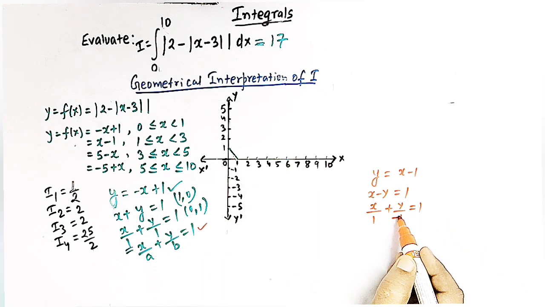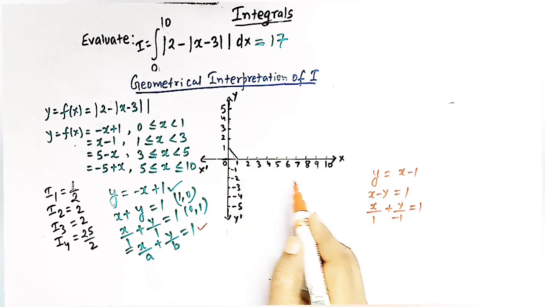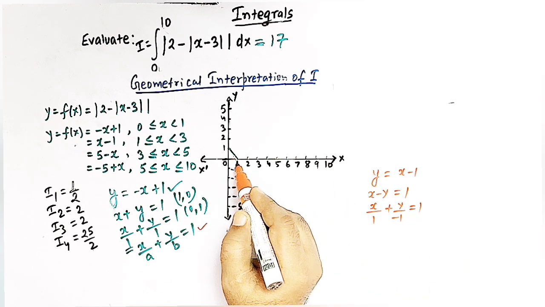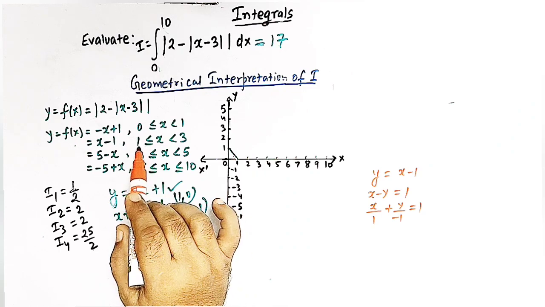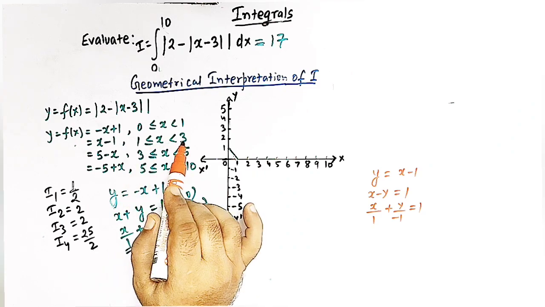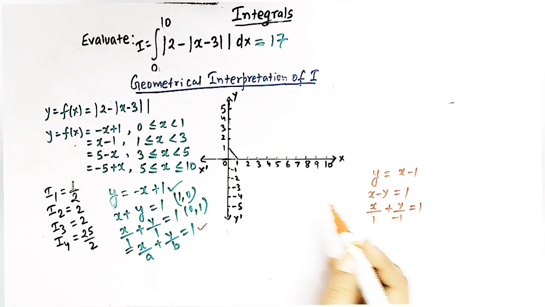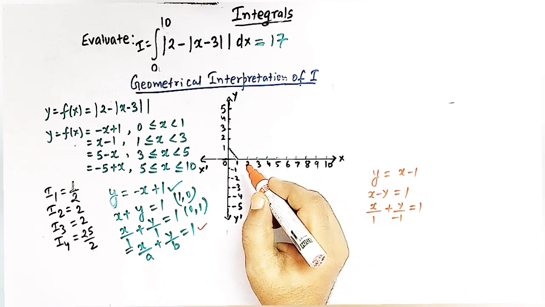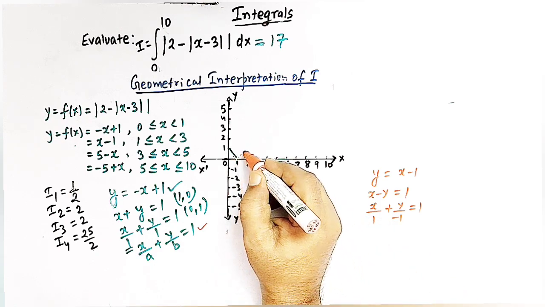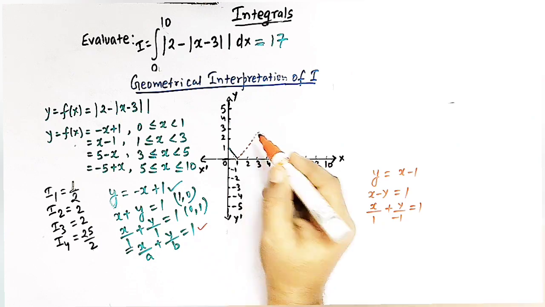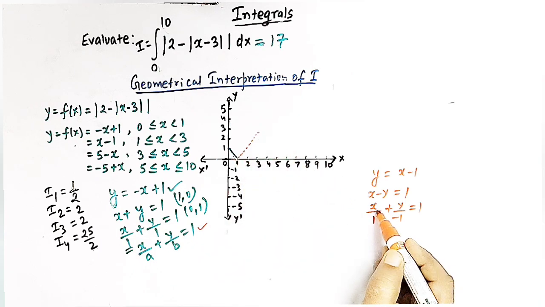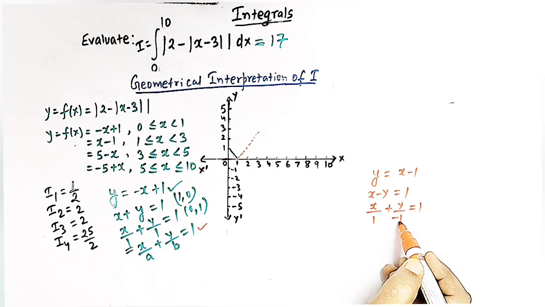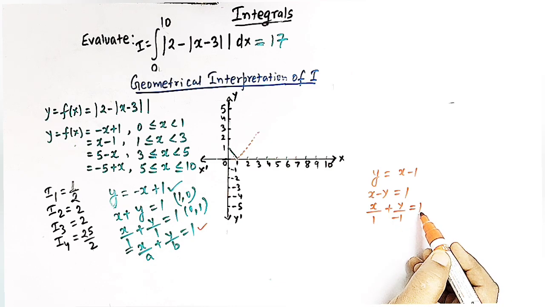So this line should pass through 1 and minus 1, but here we have to restrict ourselves to only 1 and 3, right? So we can draw this line like this, that is this line will go like this.